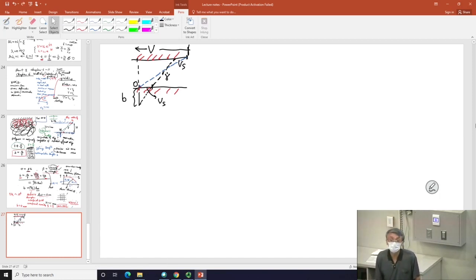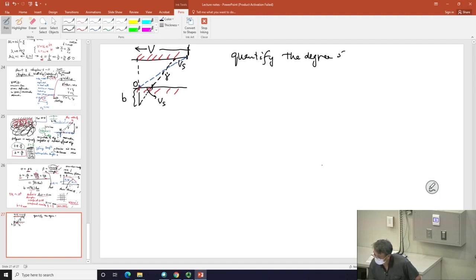The way to discuss that is quite straightforward. There are 3 ways you can do it. I'm going to quantify the degree of wall slip. How do I do it? I already provided you the tools, but let's be more explicit.